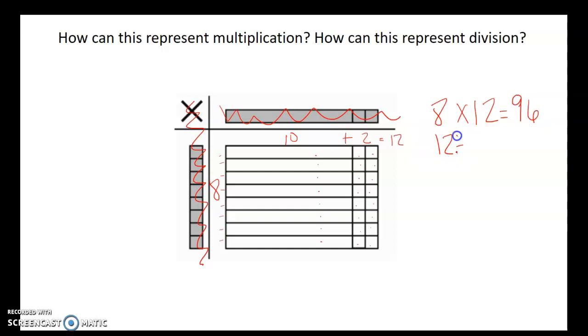Don't forget, you can turn that around. I wrote the division sign. I didn't mean to. And get the same exact answer.